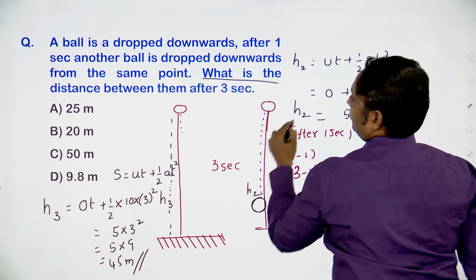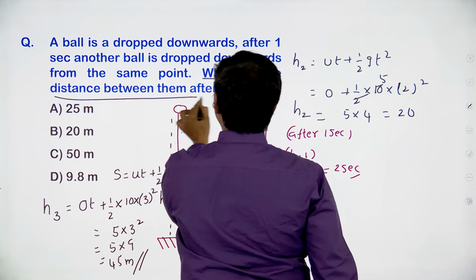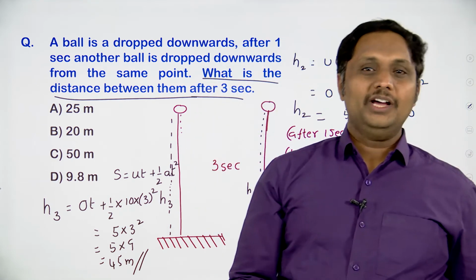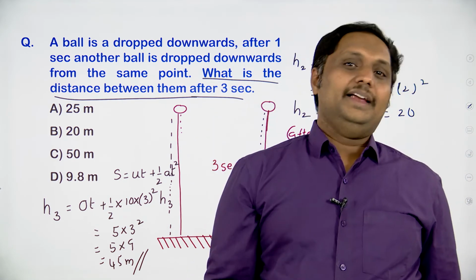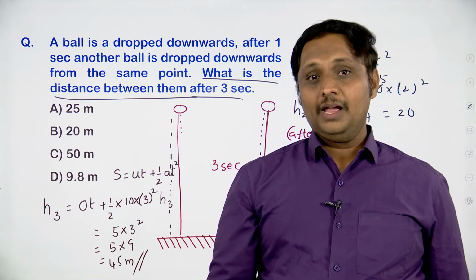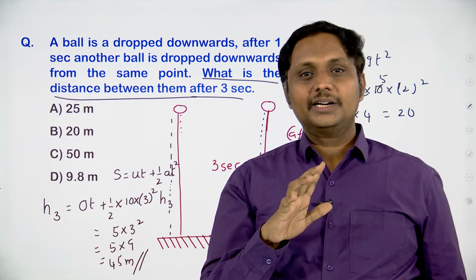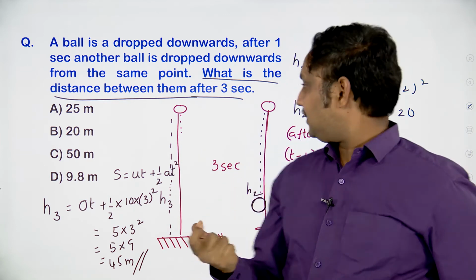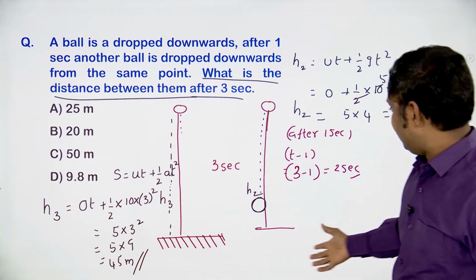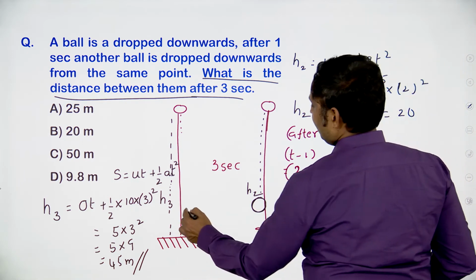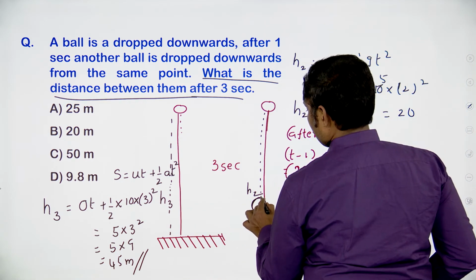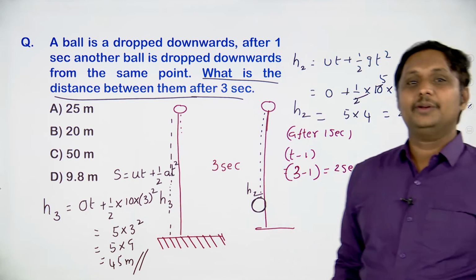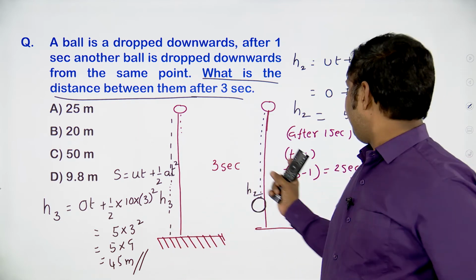What are they going to ask you? What is the distance between them after 3 seconds? First, one ball has been dropped. After another second, another ball is also dropped. But here you would like to know the distance between them after 3 seconds. This is going to be h2, this is going to be h1. That is nothing but the vertical displacement covered by the body, right?